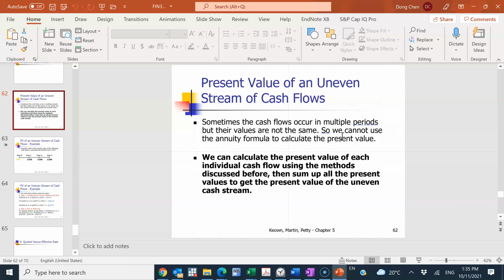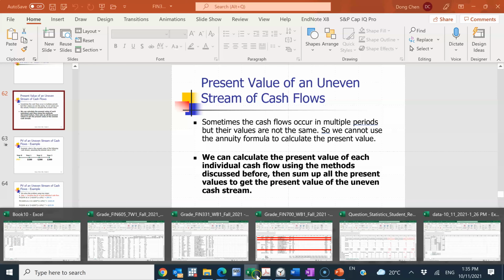So we can use this most general way to figure out the present value of investment B, but this has far more complications compared with the steps we followed. How do we use the present value of an uneven stream of cash flows to figure out the answer?